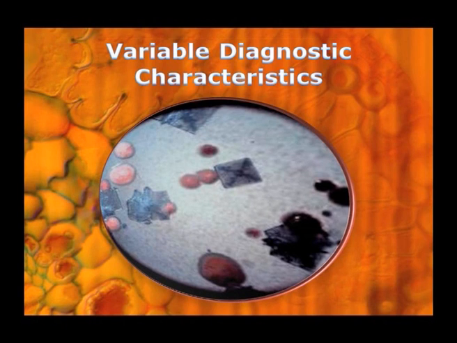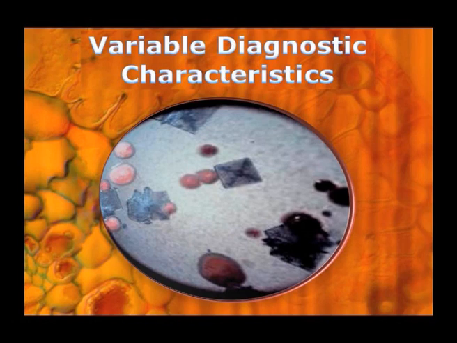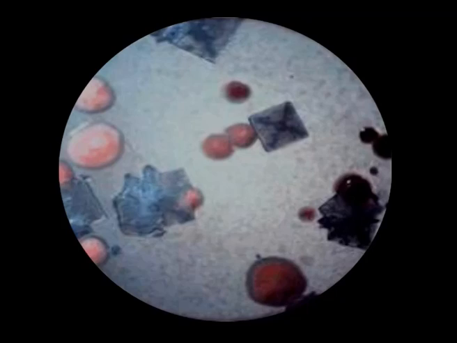Let's talk about the variable diagnostic characteristics of Archaebacteria. Archaebacteria are prokaryotes. The nucleoid material is present, which lacks a nuclear envelope. They are single-celled, non-pathogenic, extremophile and anaerobic in nature. That means they do not need any sort of oxygen.